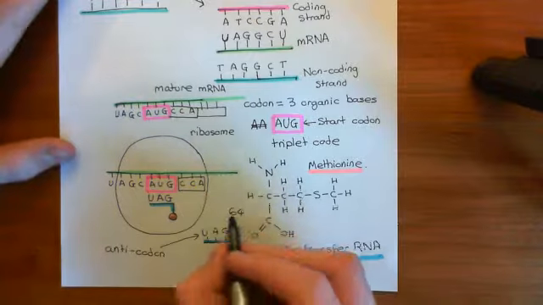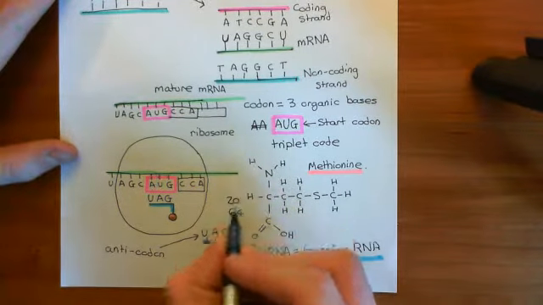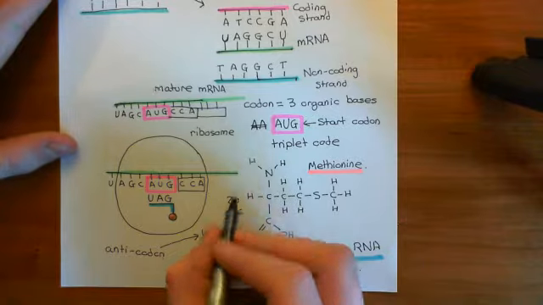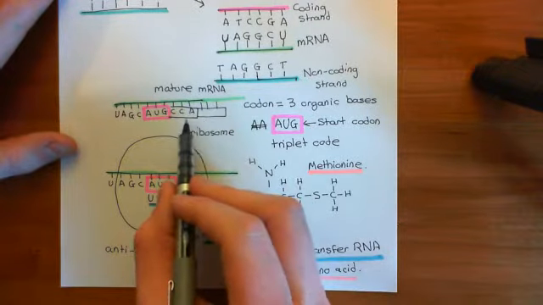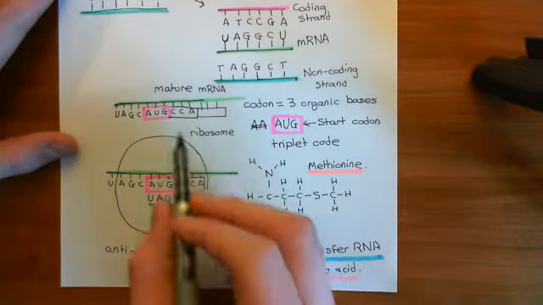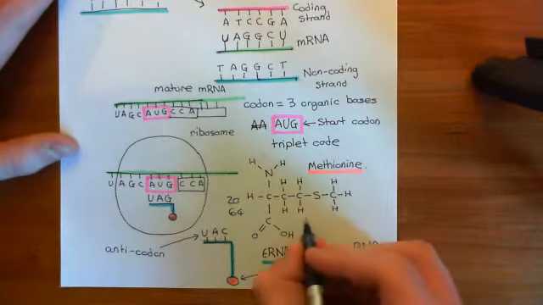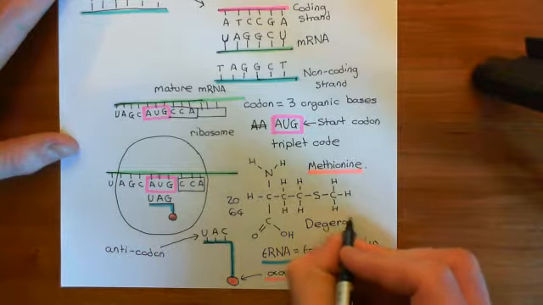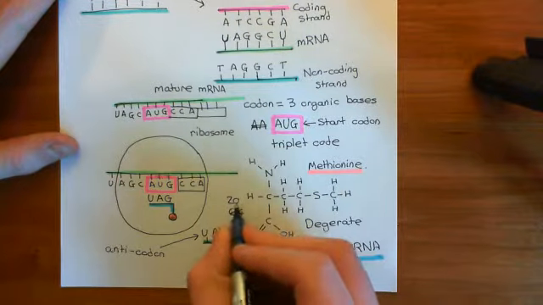Okay, however, there's only around 20 proteinaceous amino acids. Now this means that we have far more codons than we have amino acids, which means that there is degeneracy. So some codons, which are different, will code for the same amino acid.